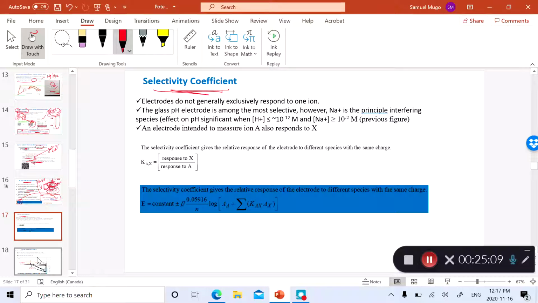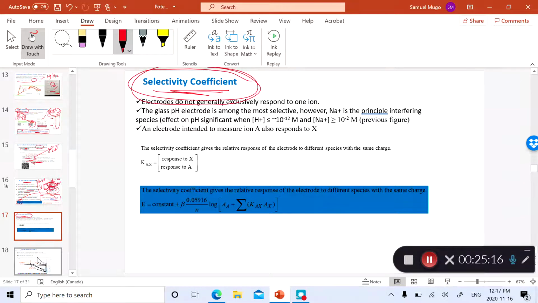The way you determine the performance of a sensor is using this figure of merit that we talked about earlier, called the selectivity coefficient. The selectivity coefficient is determined by the response to the analyte and the response to the matrix, and that's how you get the selectivity coefficient.